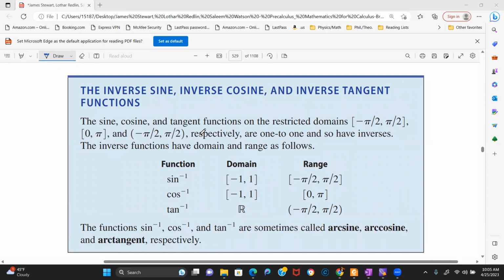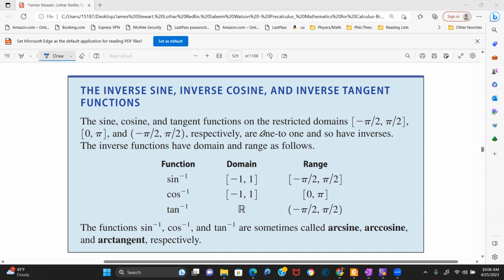These functions again are periodic. They don't go through that proof in this chapter, but it's basically the same proof. And so we're going to use the period to restrict the functions down to a smaller domain where we do have an inverse. So the sine, cosine, and tangent are going to be restricted to negative pi over 2 to pi over 2, 0 to pi, and negative pi over 2 to pi over 2, respectively.